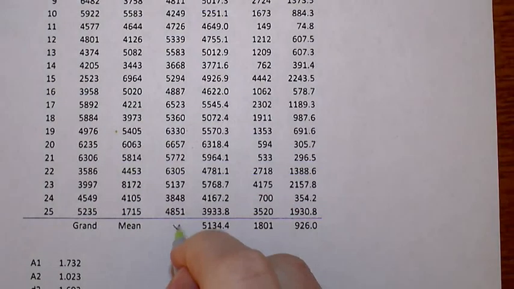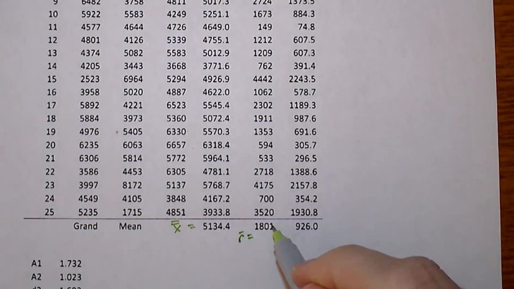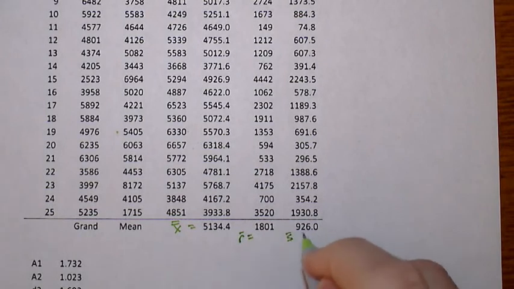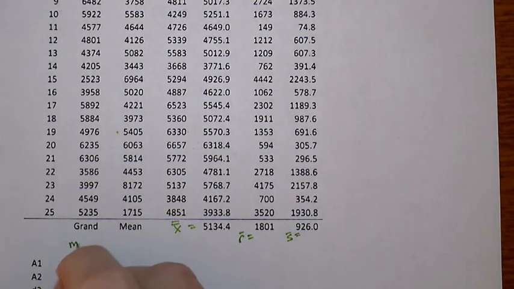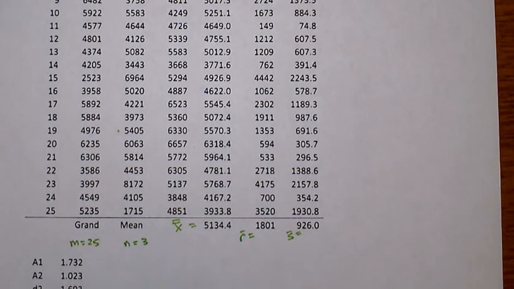That's our x bar, and our r bar is 1801, the average of this column, and our S bar is the average of all the sample standard deviations along the way. Again, the key here is that m is equal to 25, that's the number of subgroups, and n is equal to 3, which is crucially important as you look up values such as these constants.